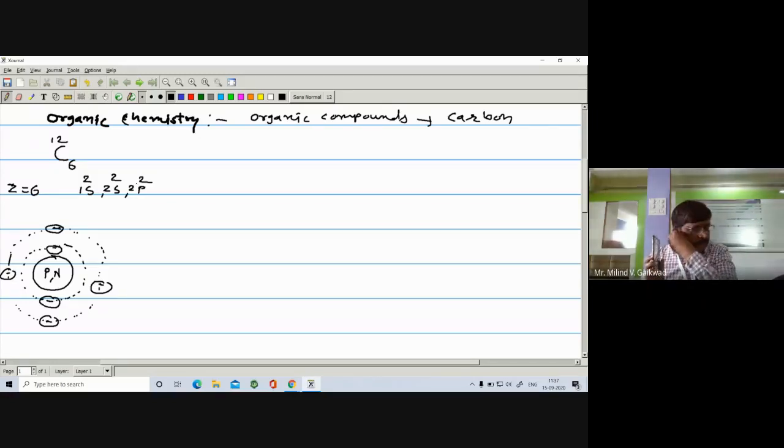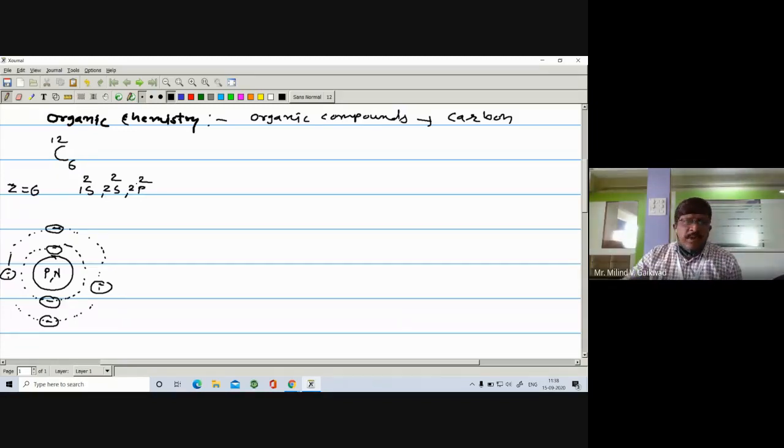So here we are discussing the electronic configuration of carbon. In the first orbit there are 2 electrons, and in the second orbit there are 4 electrons.